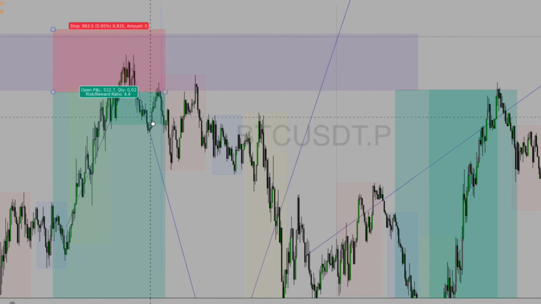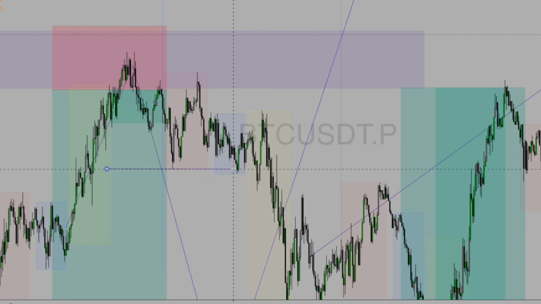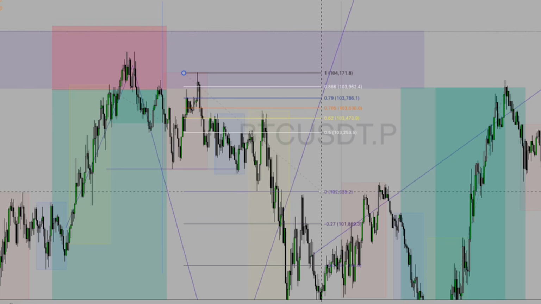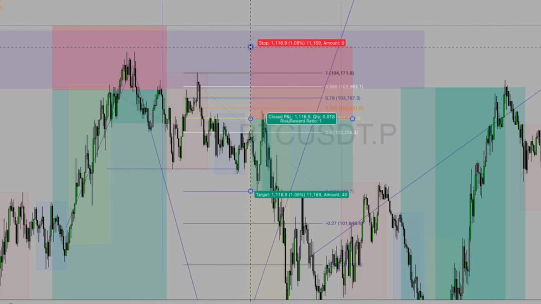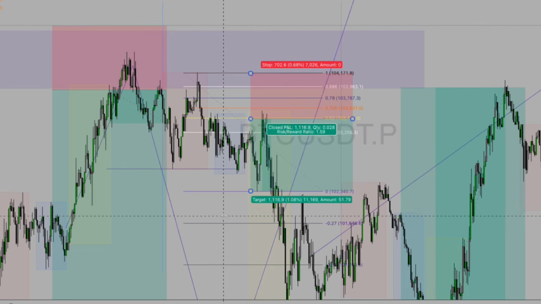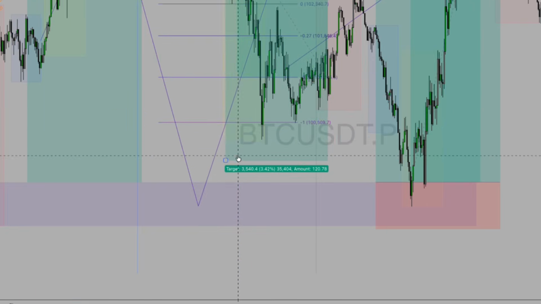Okay, now once we have a break of structure here, I can choose to pull my Fibonacci here and enter another trade from this particular zone. Now when I do that, see what's going to happen.